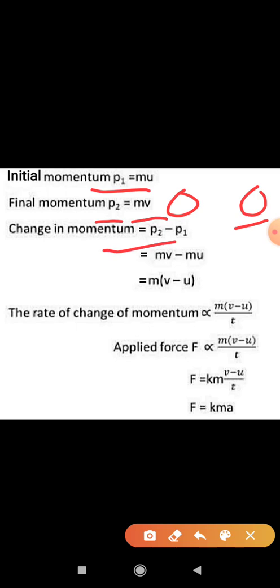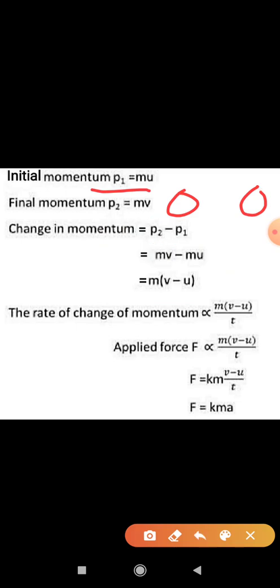Now change in momentum means the momentum at the final position minus the momentum at the initial position. So P2 minus P1, where P2 is mv and P1 is mu. Taking m common, we get the change in momentum as m(v minus u).